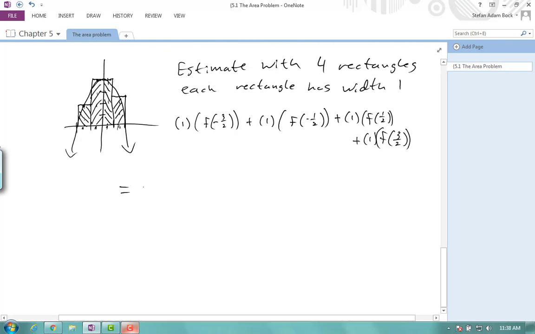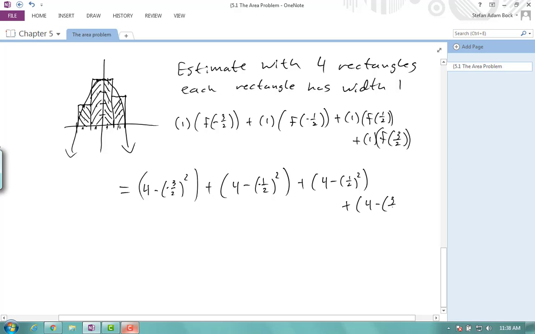f of minus 3/2, so that's 4 minus negative 3/2 quantity squared, plus 4 minus negative 1/2 squared, plus 4 minus 1/2 squared, plus 4 minus 3/2 quantity squared. So these are symmetric.